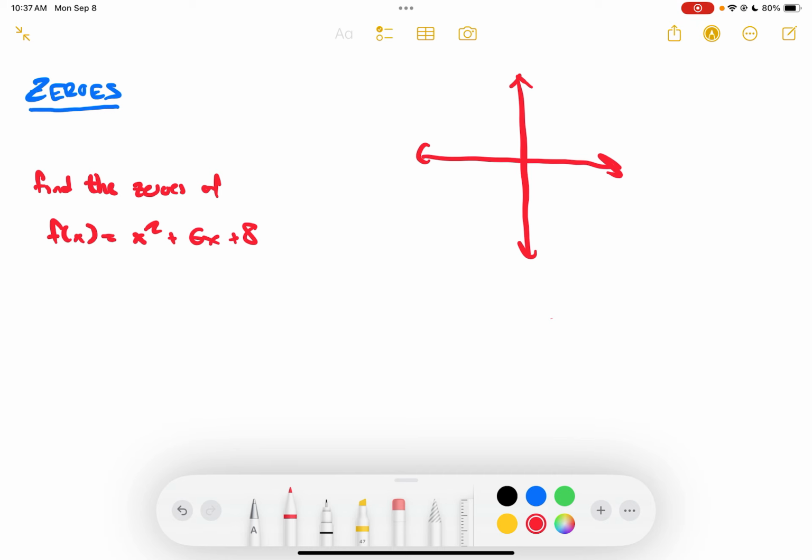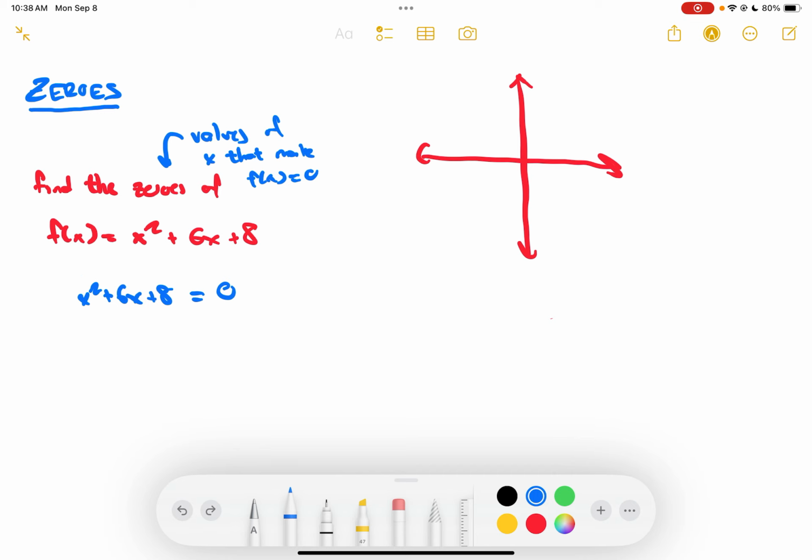I understand this definition, and it's going to help me break down what I need to do in this problem. Well, the zeros of a function, right? I'm looking for values of x that make f of x equal to 0. Okay, so I'm going to set this function equal to 0 and find out, well, what values of x will make that happen.